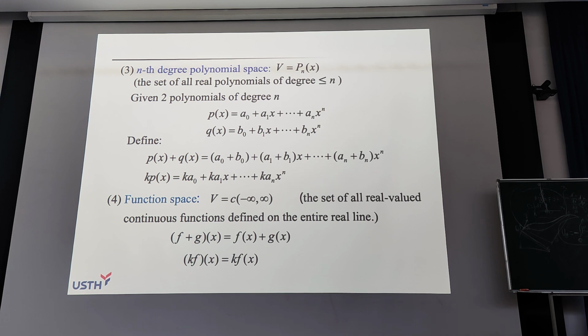Then again you can verify that those operations satisfy the 10 properties of the vector space. Then V, the set of all real-valued continuous functions on the real line, is a vector space.